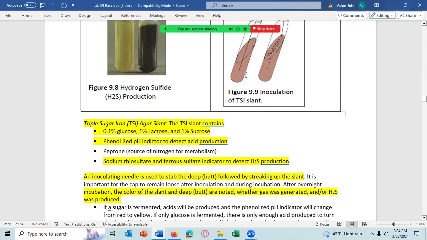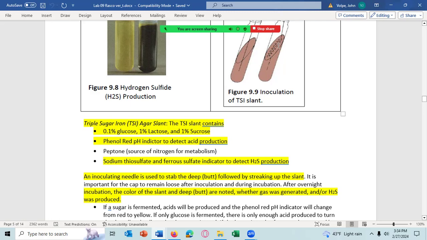And in the butt here, we're looking at anaerobic growth. So the growth that happens here will be anaerobic. It might not be totally, completely anaerobic, but it's at least partially anaerobic. You then pull out the needle, and on the tip, you get bacteria on the tip of the needle again, and then you inoculate the slant in an S-type motion of the TSI.